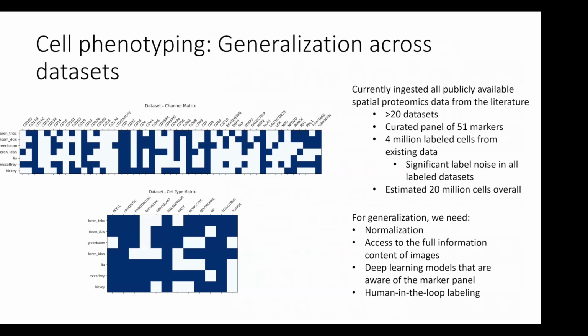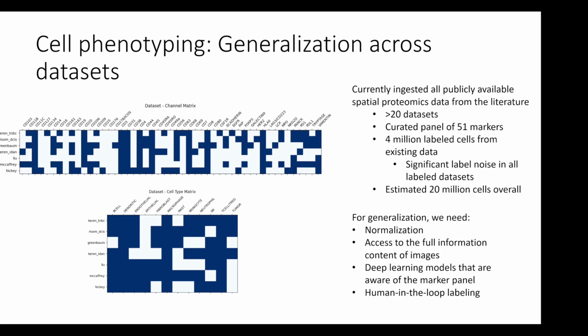The reality is that each paper that features one of these methods has its own antibody panel that's speaking to the tissue of interest. That makes it challenging for building the AI methods because each data set is different, and these differences do matter.